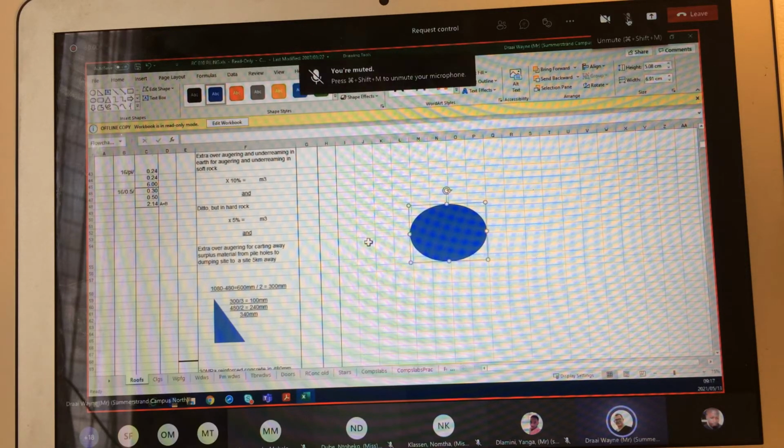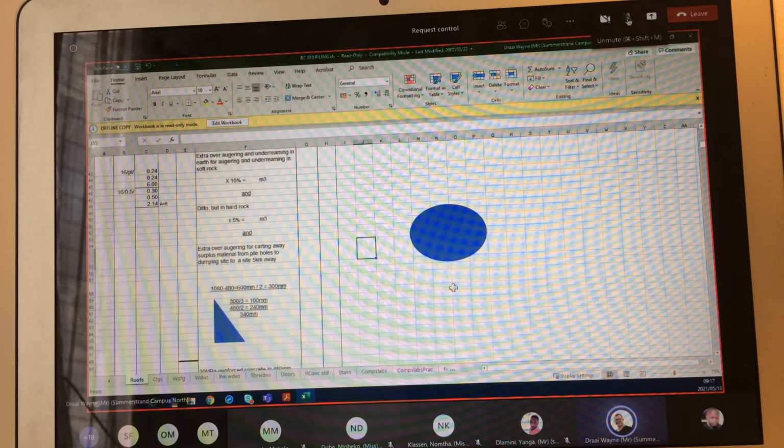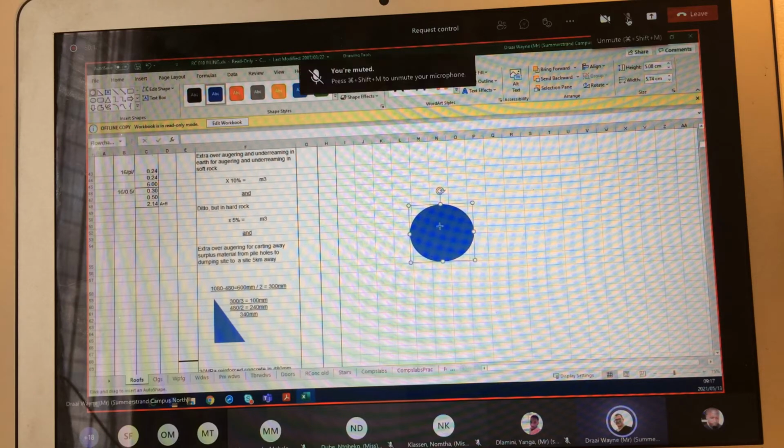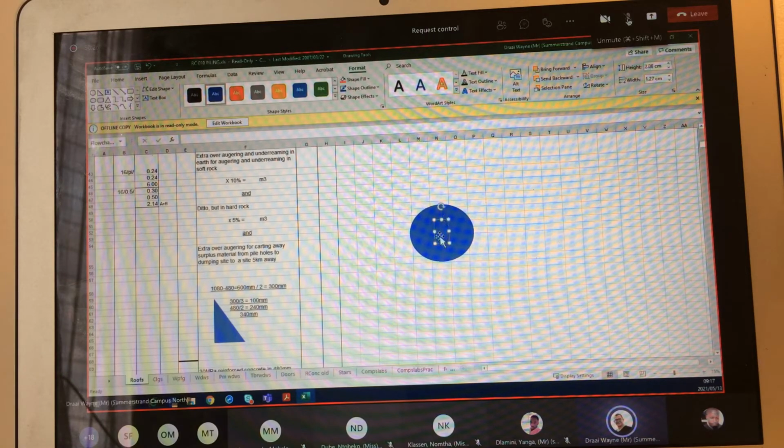And then another one. Okay. And if I insert another shape, change color, centralize, change color.